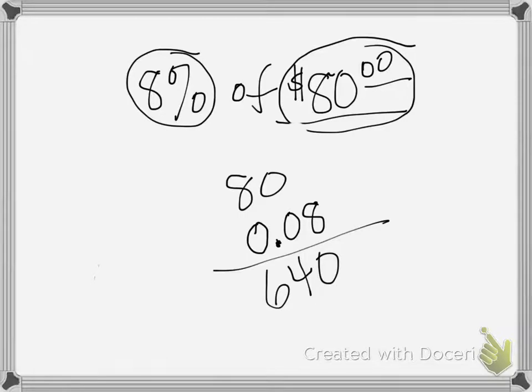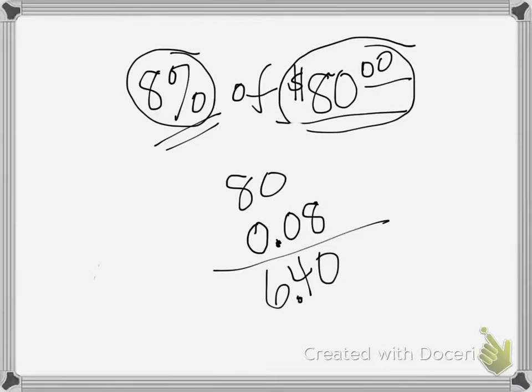Is it going to make sense that 8%, less than 10% of $80, is $64? Would the decimal point go there? No, not going to make sense. Is it going to make sense that 8% of $80 is 64 cents? No, not going to make sense.